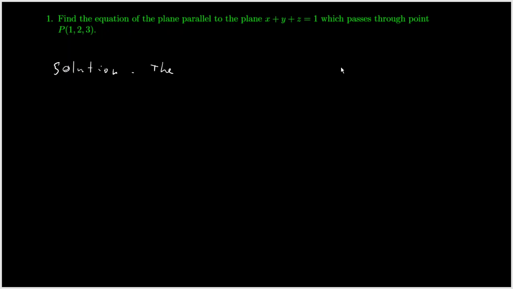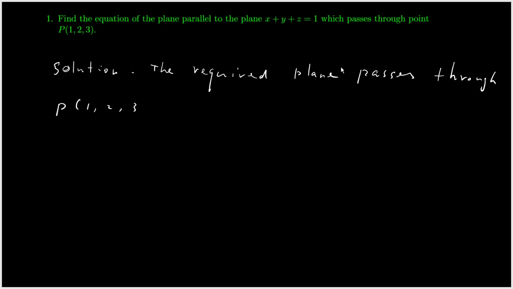The required plane, the plane we are looking for, passes through a point. That's given information. We need one other piece of information, a normal vector. Again, because the plane we are looking for is parallel to that plane, they share a normal vector.